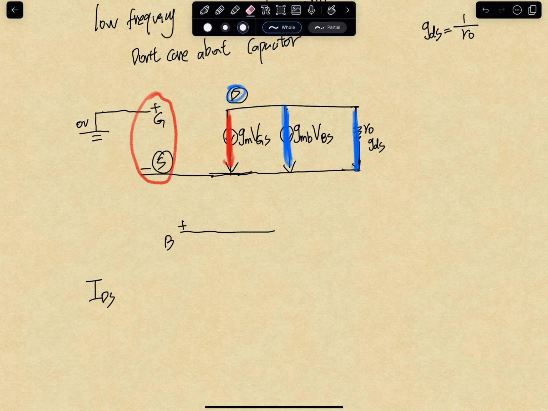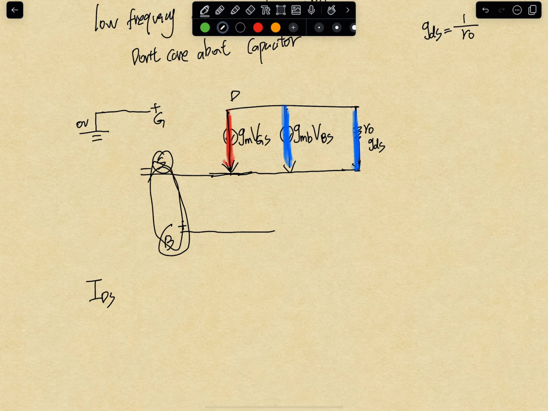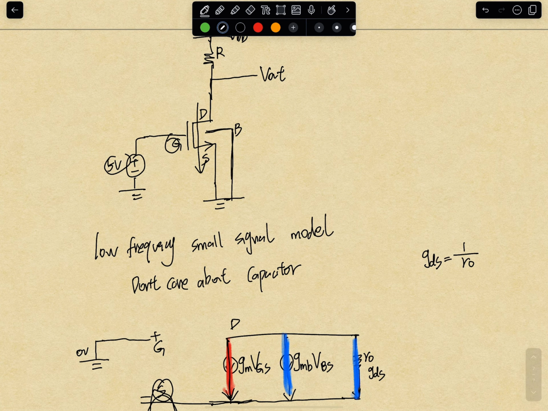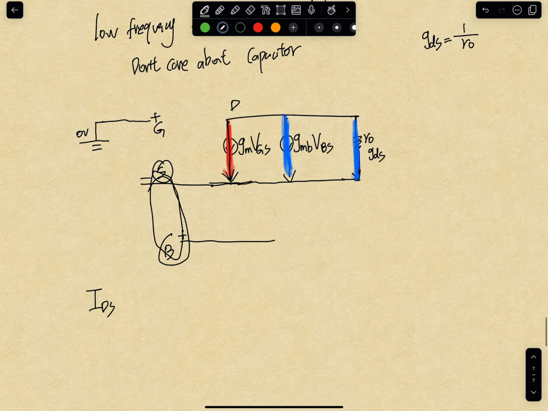So in this case, we know there's a voltage VGS, so this one will always be there. But VBS: the body is connected to ground and the source is also connected to ground, so they are actually the same node. We can ignore VBS because VBS equals 0.